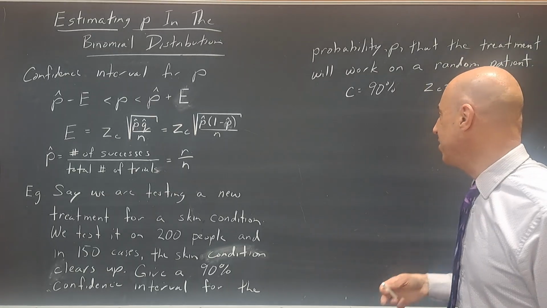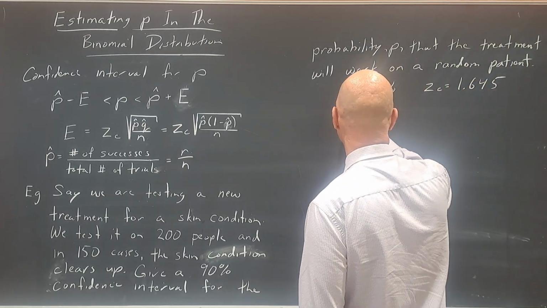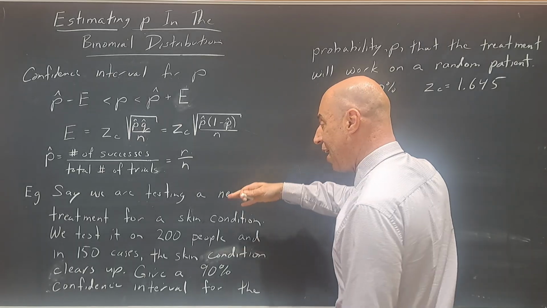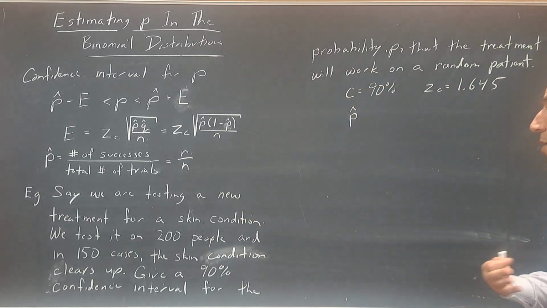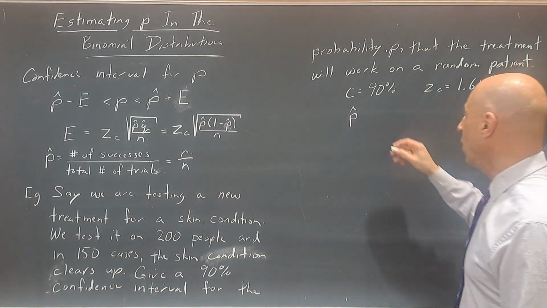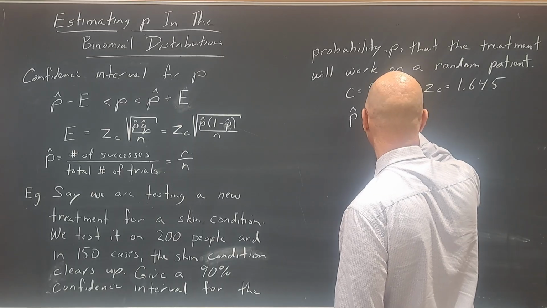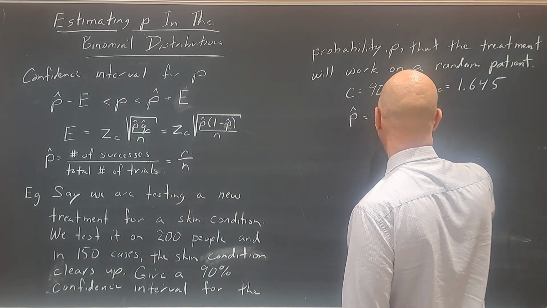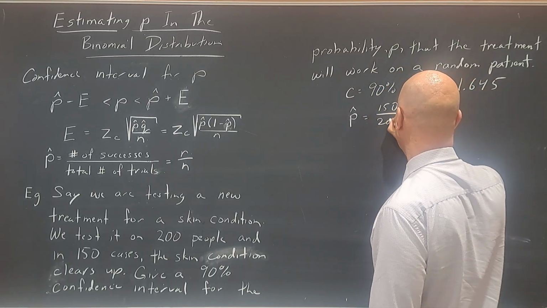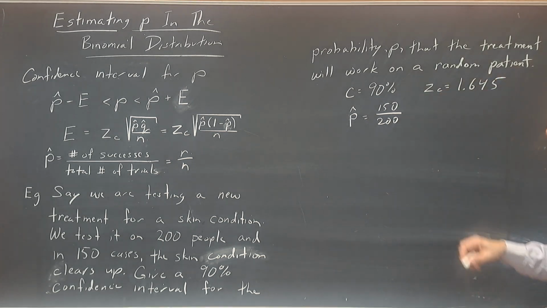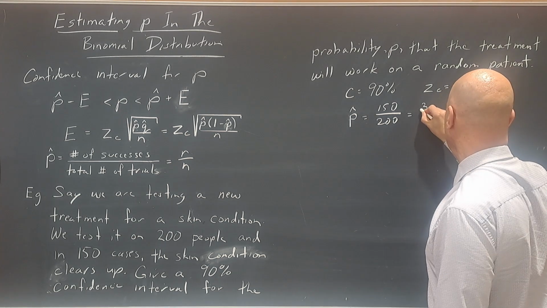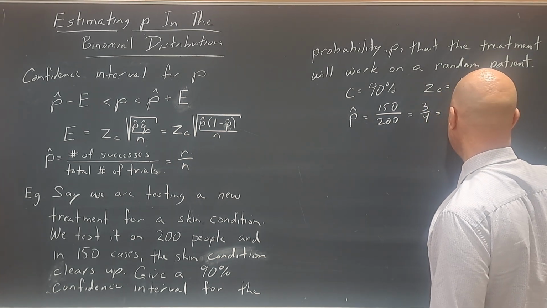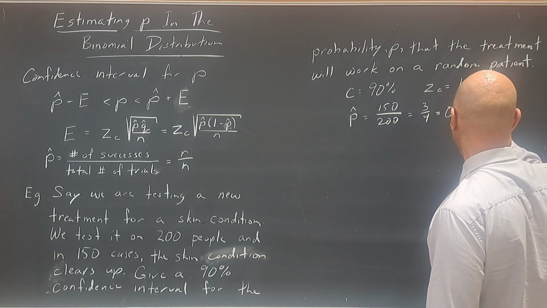You probably already did this in your head. In our trial on 200 people, this treatment worked on 150 of them. That's our R. And we tried it on 200 people altogether. If you like fractions, that's 3/4. If you like decimals, that's 0.75.